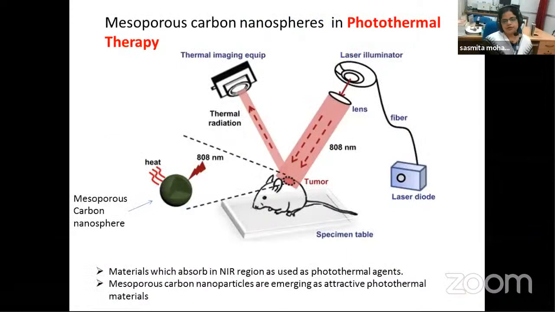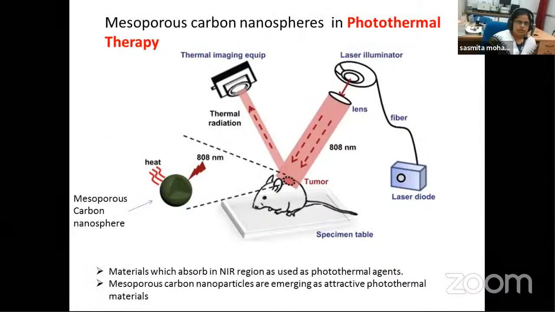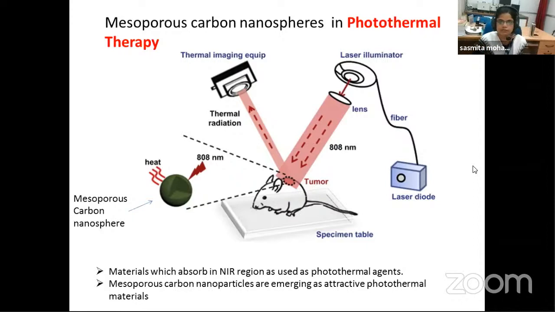Now, the last part of my research work in this direction is mesoporous carbon nanospheres in photothermal therapy. What is photothermal therapy? Photothermal is a term which means how light can be converted to heat. When some material is exposed to light, it generates heat.